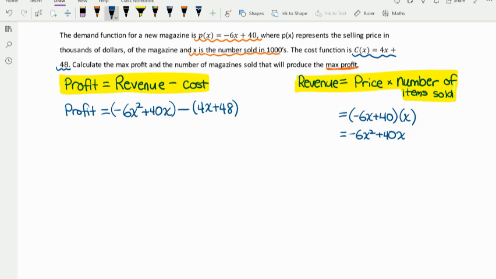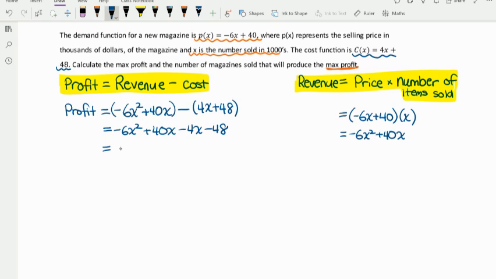If you don't put brackets, you'll make a mistake with your calculation. So trying to get rid of all my brackets, the first one, I don't need to distribute anything, so negative 6x squared plus 40x. The second bracket though, I will need to distribute this negative sign, so negative 4x and negative 48. Okay, so please be careful of using the brackets.